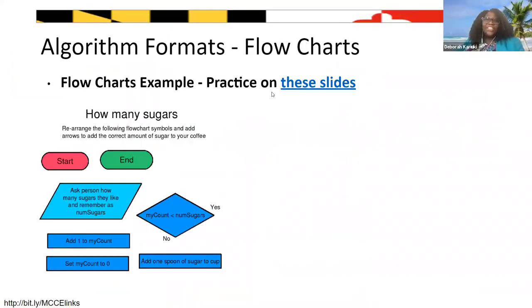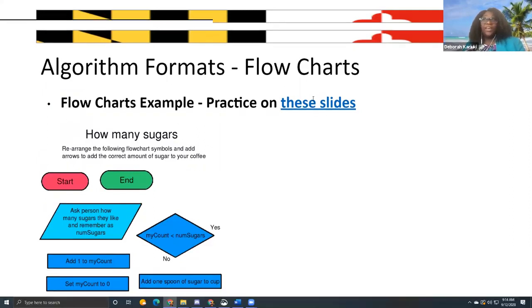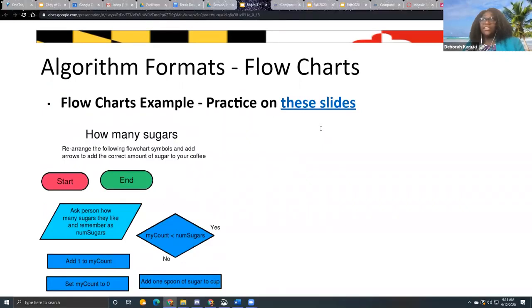And that brings us to this one, where you're going to have the practice slides yourself. So let's look at this. What you're going to do. This one, you're going to rearrange the following flowcharts and add an arrow. Nick, do you mind putting an arrow there where they can copy and paste, just in case, so we don't spend too much time trying to find one?